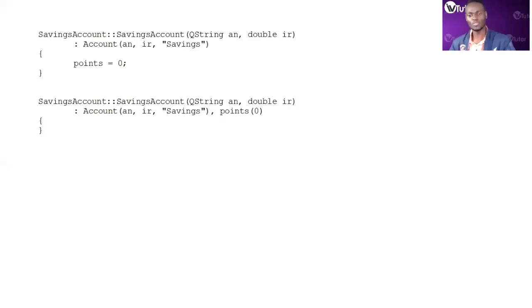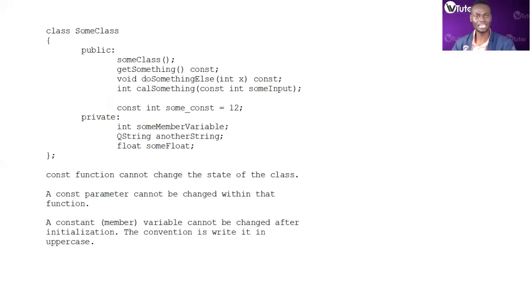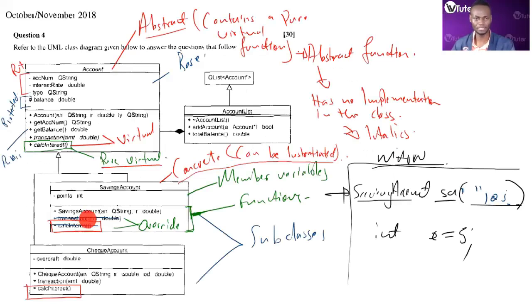Okay. So I went straight to the last question because it's very close to what I was explaining. And now we are talking about implementing your functions inside your class. Let's go back and look at our subclass here. We've got 2 functions here, transaction and calc interest.